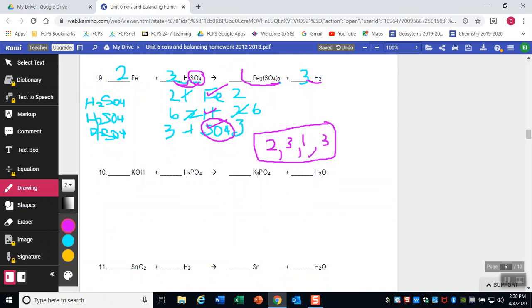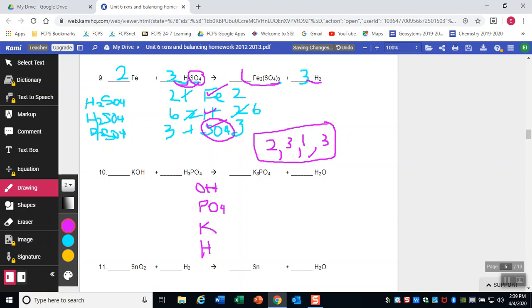So this is one where you've got a polyatomic ion. Actually, you have two of them. You have the OH, the hydroxide, and you have the phosphate. See, aren't you glad you worked so hard on these? We have potassium, and then we had hydrogen.